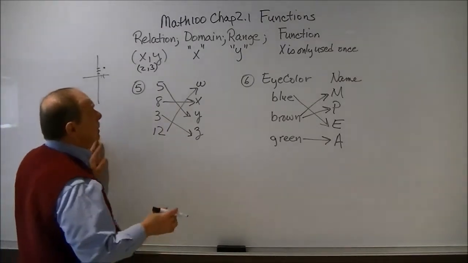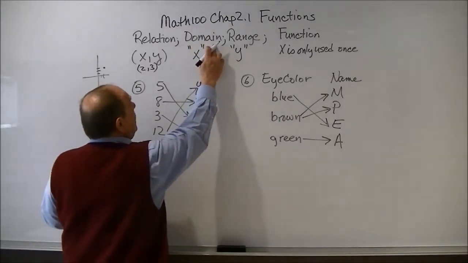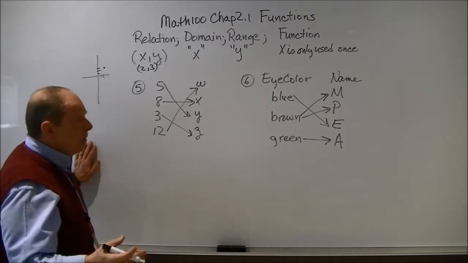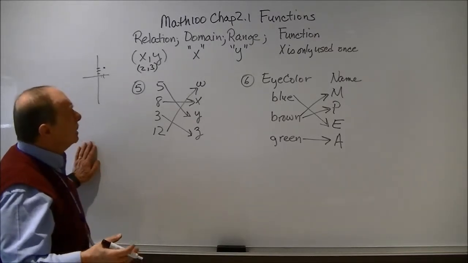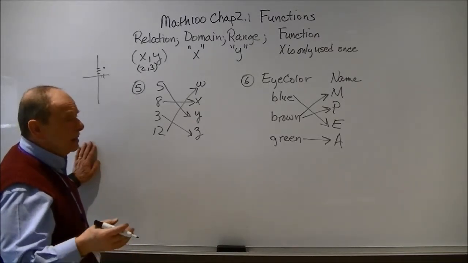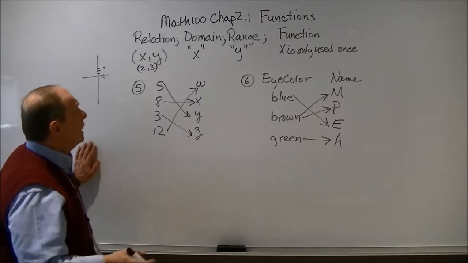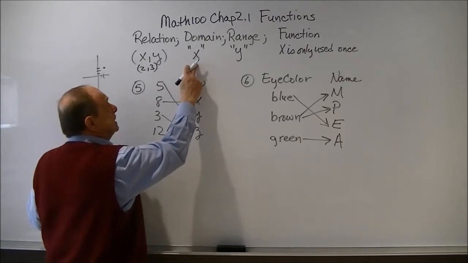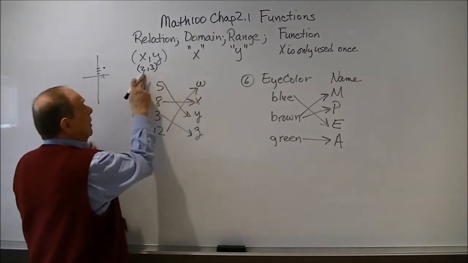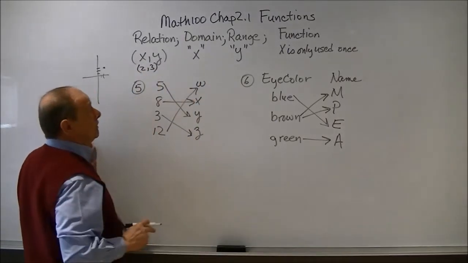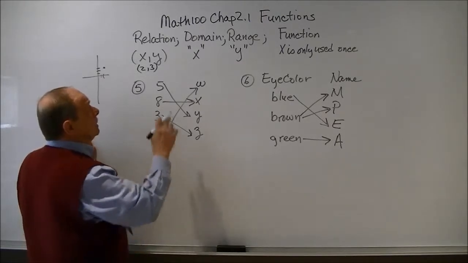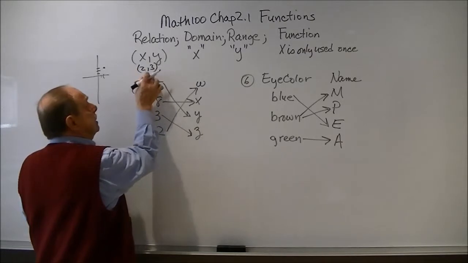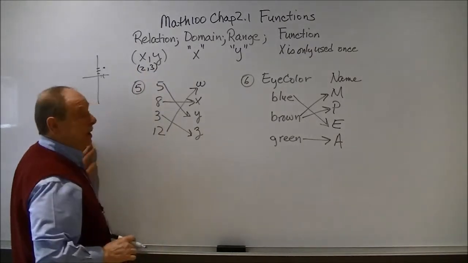Now, another key word in this section is the word domain. If you're reading your textbook, they may make it a little more complicated, but I like to make it easy. Domain, by definition, are the x elements that we have in an ordered pair. So once again, domain refers to the x elements in the ordered pair.